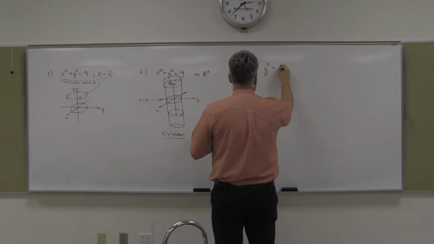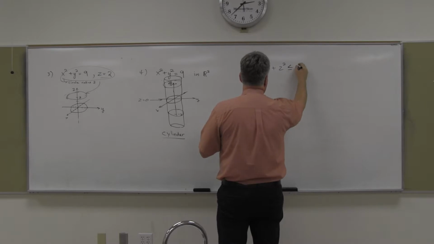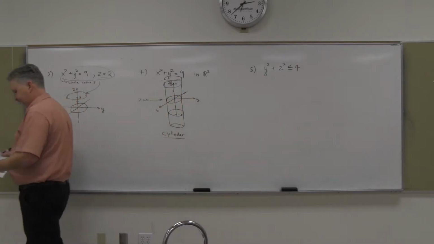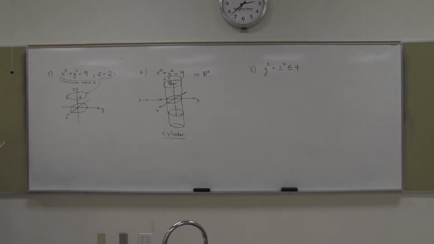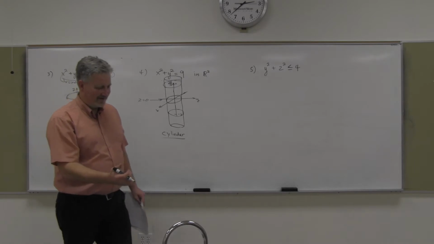y squared plus z squared is less than or equal to 4. Well, we changed it now. We got the y and the z instead of the x and the y.